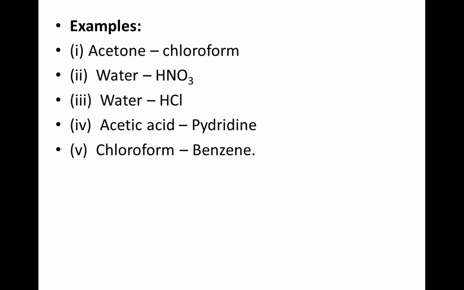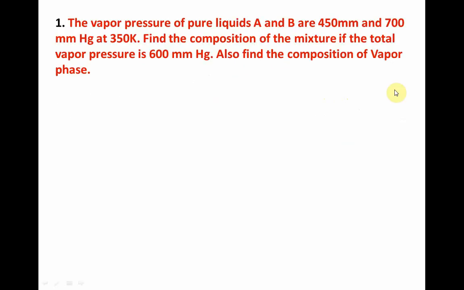So these are the examples. Please note it down. Okay students, now we will solve problems based on Raoult's law of binary solution. The question is very simple. The vapor pressures of pure liquids A and B, P naught A and P naught B, are given. Find the composition of the mixture.